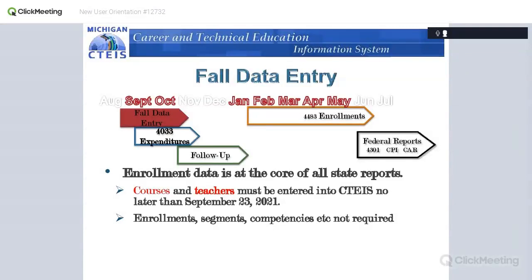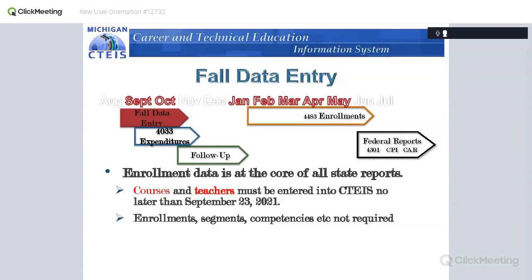This is important for them. It allows them to do a better job in planning and allocating resources and doing all the things they need to do. So it's done pretty early in the year, and I know it's abrupt to come right back and have to get all this stuff done. It's expected to be done by September 23rd.